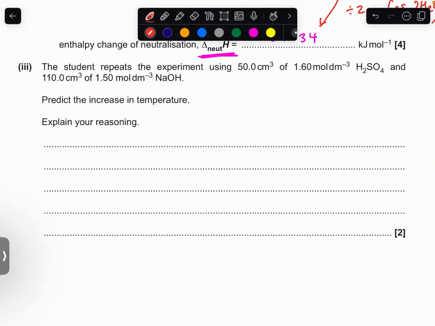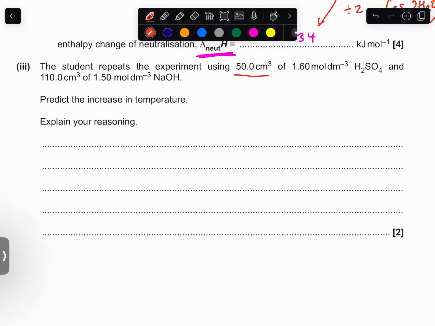Next question. The student repeats the experiment using double the volume of H2SO4 and double the volume of NaOH. Okay, now you see, if we go back to the expression, Q equals M times C times delta T. You see what we're doing, we are multiplying the mass by 2.